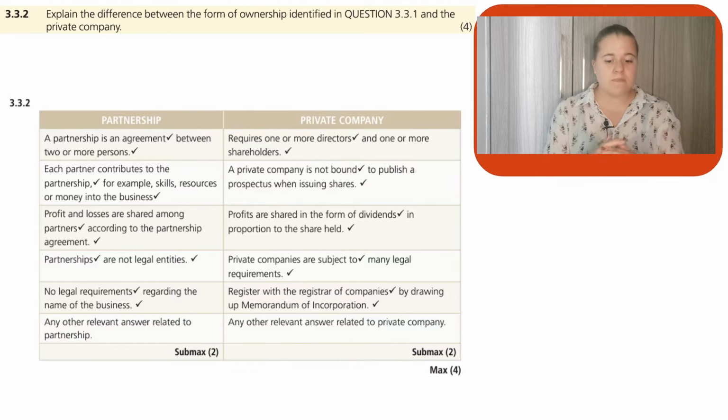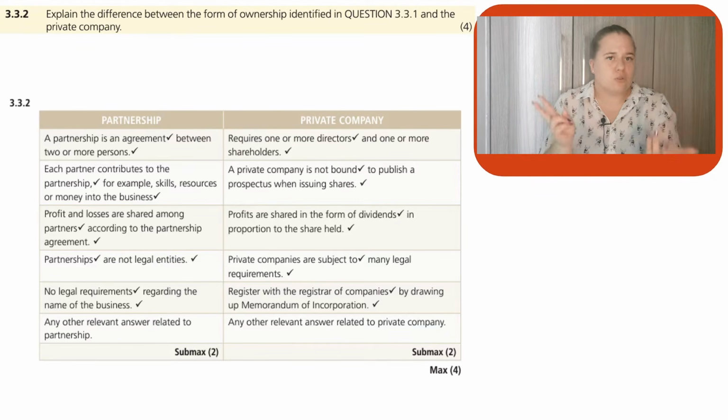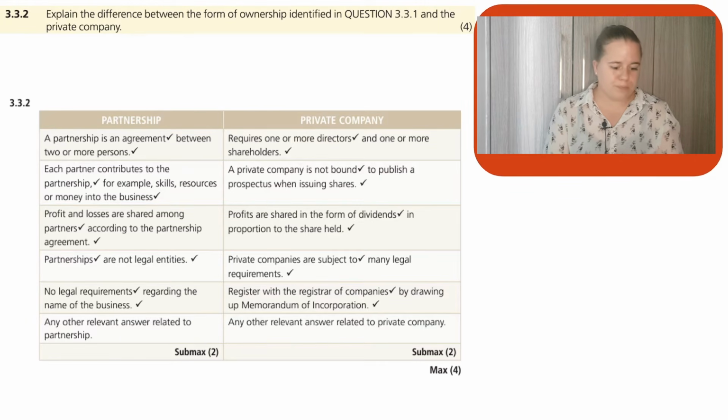If in this question your partnership was all correct and you got your 2 marks, but your private company wasn't correct, you would still get the 2 marks. That's what's nice sometimes about how the mark allocation is split. So with this question, you'd still get your 50%, right? Because you'd get your 2 out of 4.